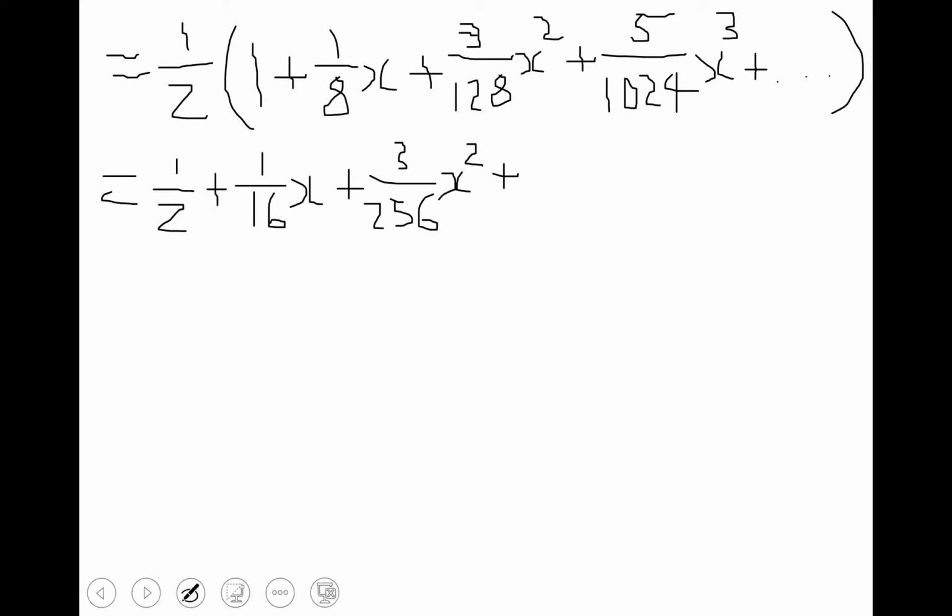And a half times 5 over 1024 is 5 over 2048 x cubed.